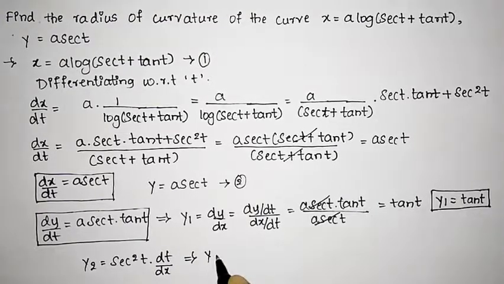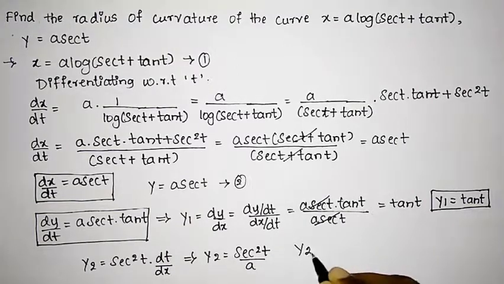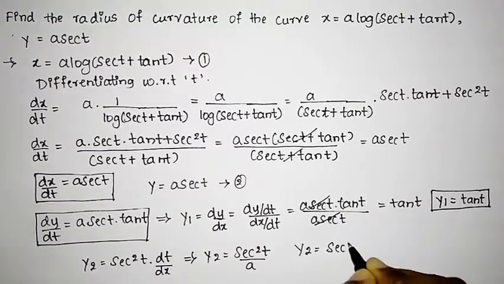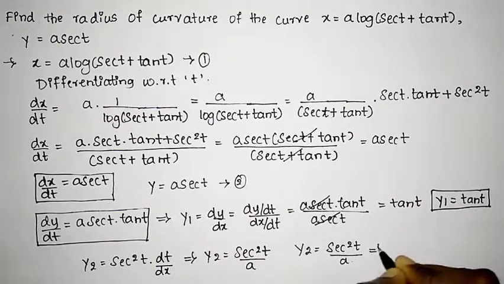So you can write it as y2 is equal to sec square t into dt upon dx, and dt upon dx we can write as 1 divided by a. Therefore y2 is equal to sec square t divided by a.